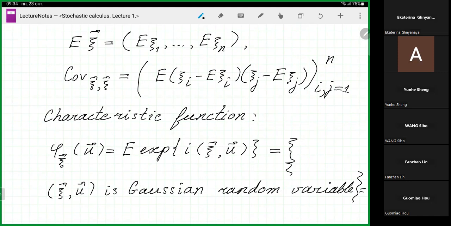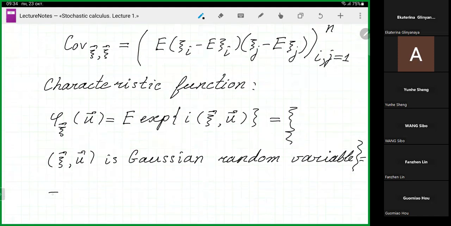It is equal to the exponent. Here is e, multiply. I can put here for a moment 1. So we have a Gaussian random variable. This is instead of t in the definition of characteristic function. Put here 1, and then I can write the answer.